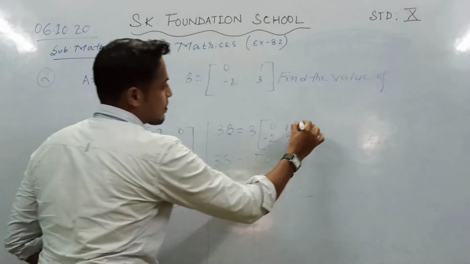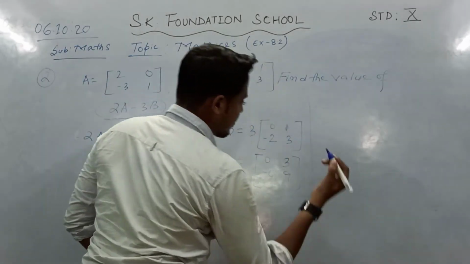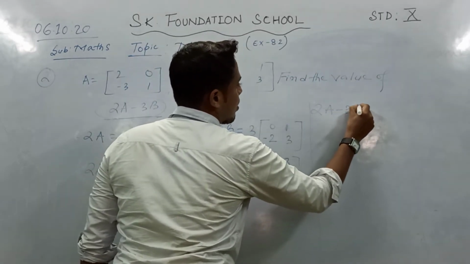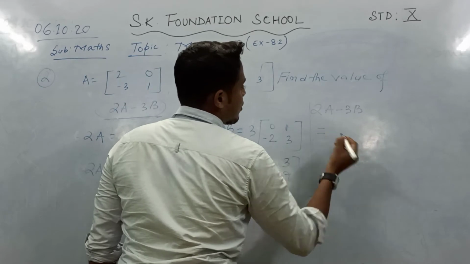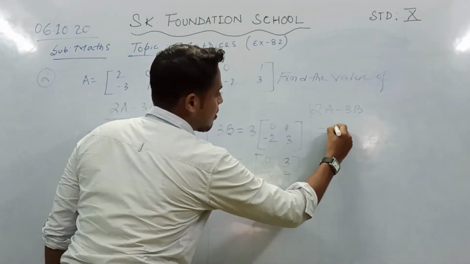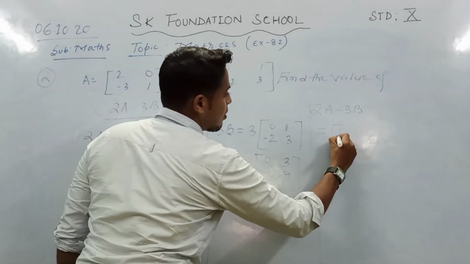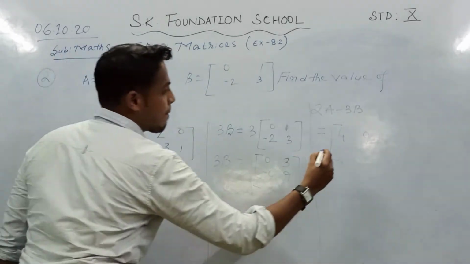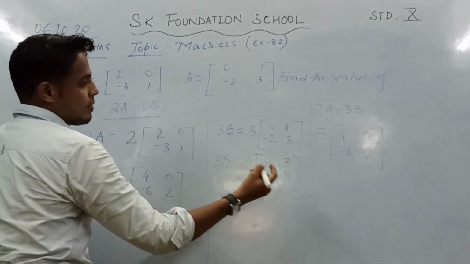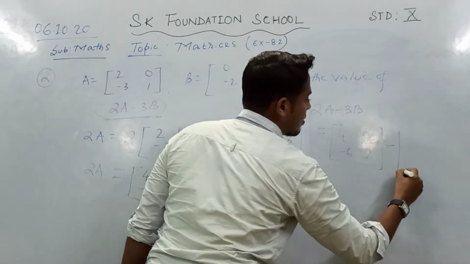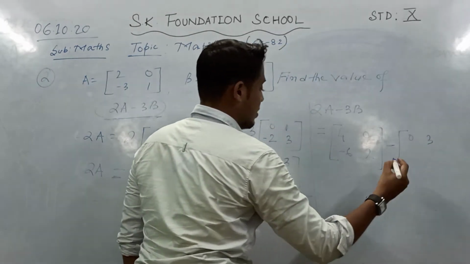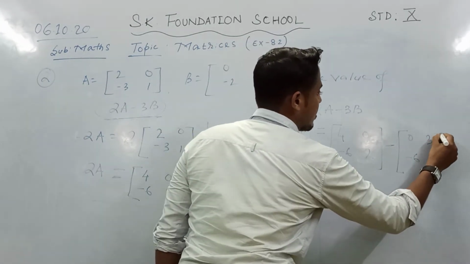Now we are going to find the value of 2A minus 3B. So first we put the value of 2A, this one, 4, 0, minus 6, 2, and 3B, 0, 3, minus 6, 9.